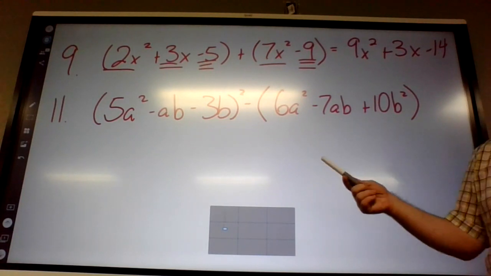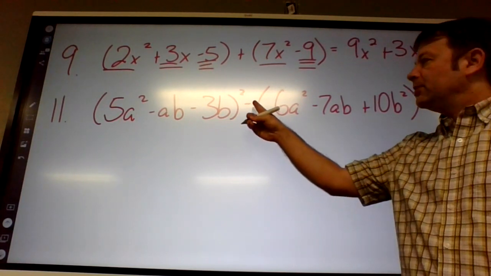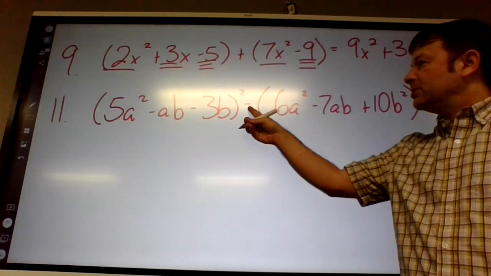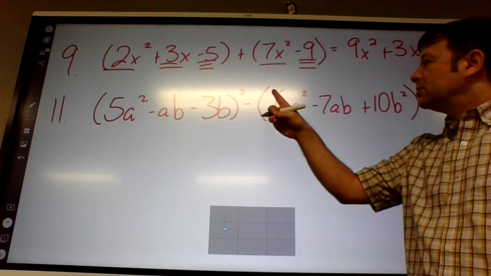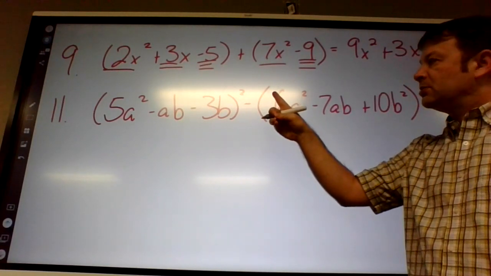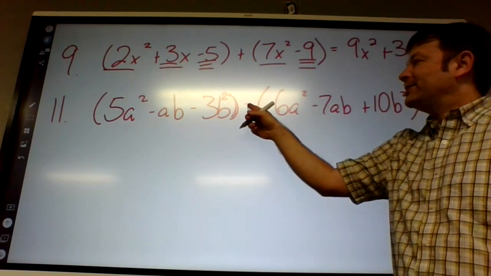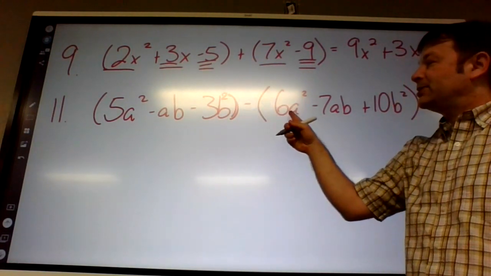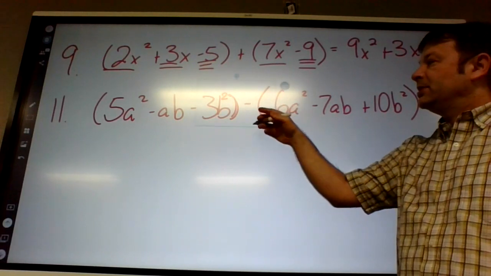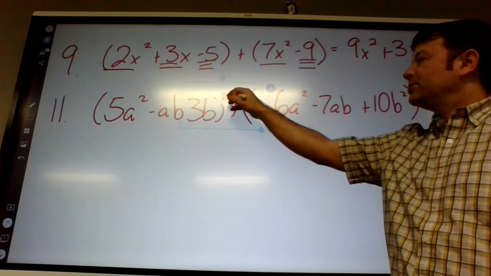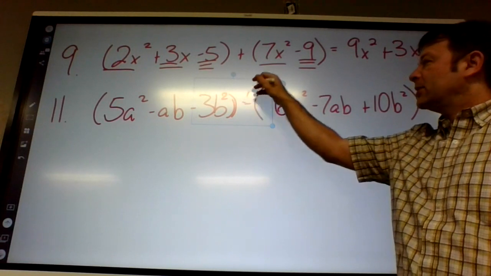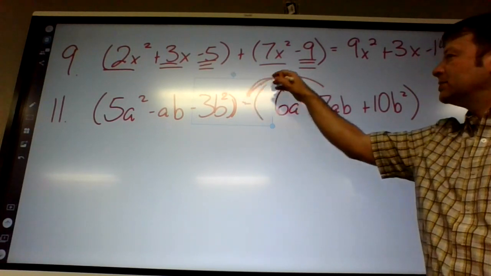The minus doesn't just apply to 6a squared, it applies to the parentheses, which means it applies to everything in the parentheses, like that.